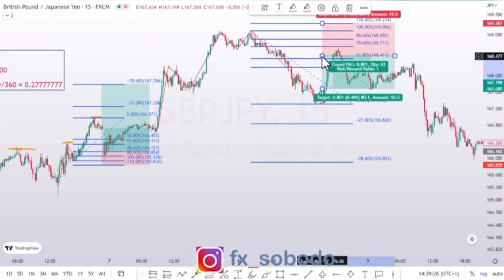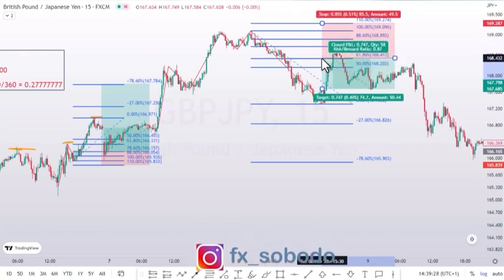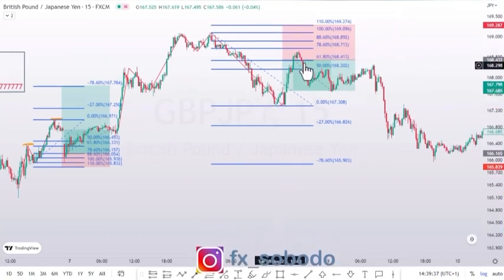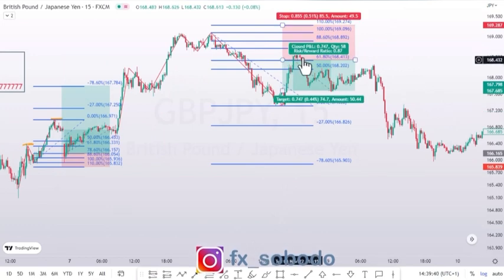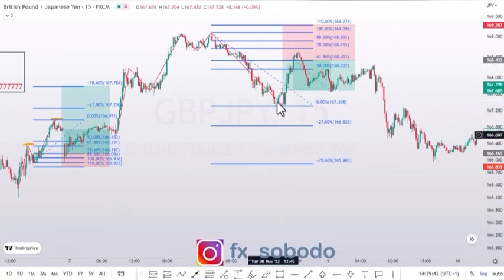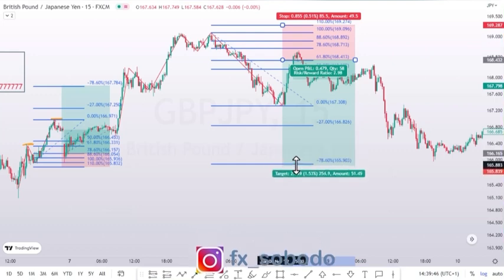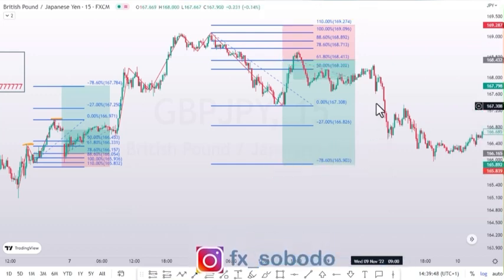And then let's say you want to enter at 61.8. Let's say that's your entry position. You want to enter at that level, and then this is your TP target.